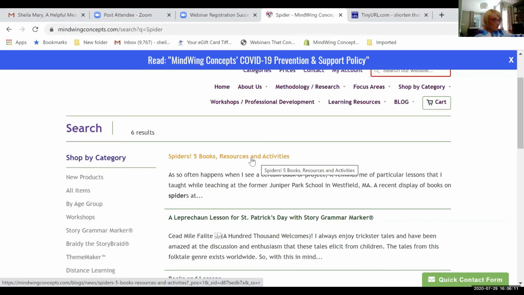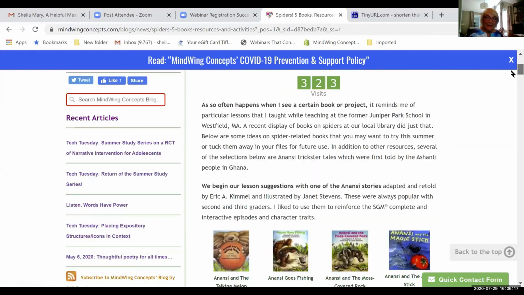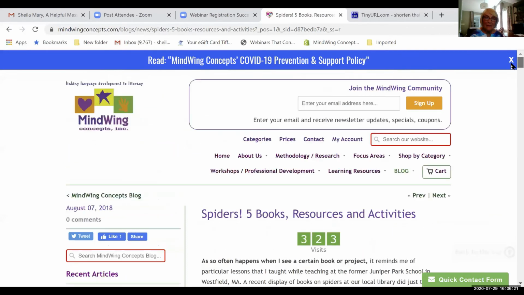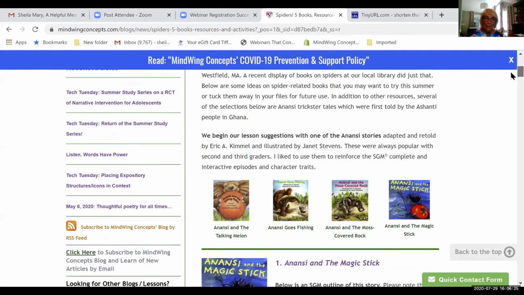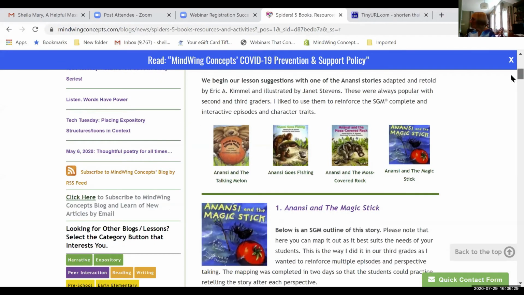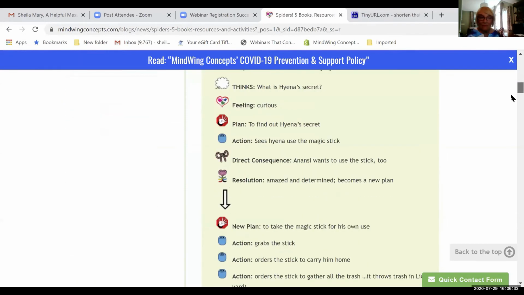Here, I just want to show you this resource. This is a very elaborate resource that you can use. It's free. So if you type in spiders into our search here, Linda had mentioned Anansi. And so these are 4 Anansi picture books, and they're analyzed, as you can see.